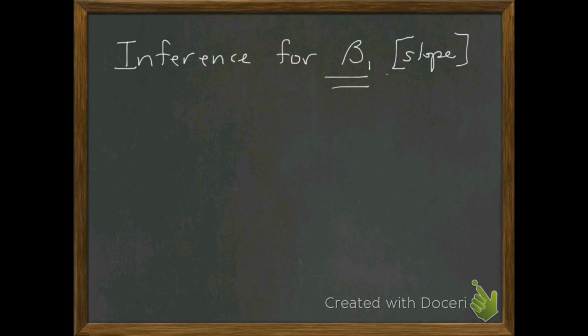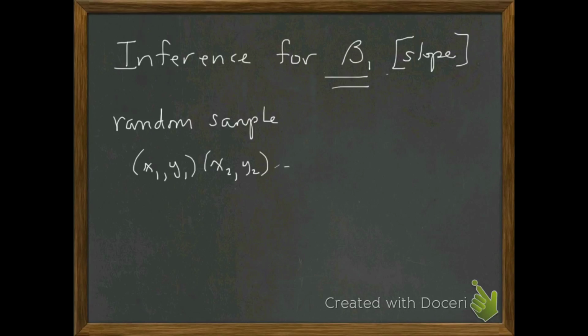Now, what we've got to think about is we've got a larger population, and we take a random sample, and we get the measurements x1, y1, x2, y2, up to xn, yn.